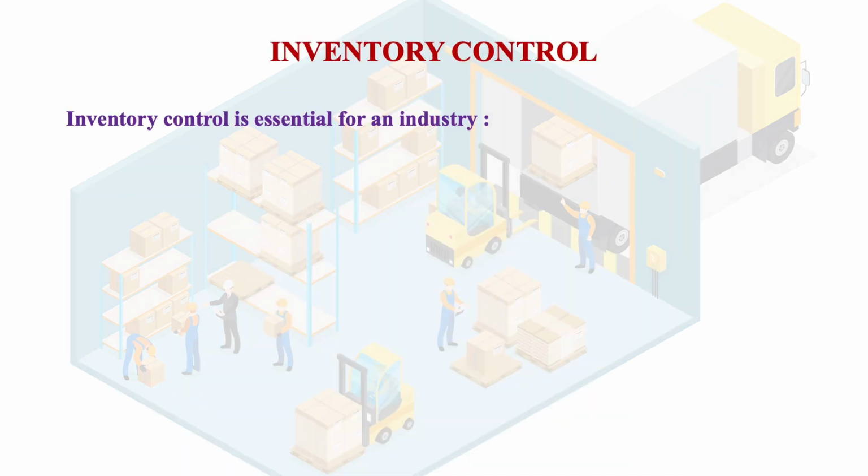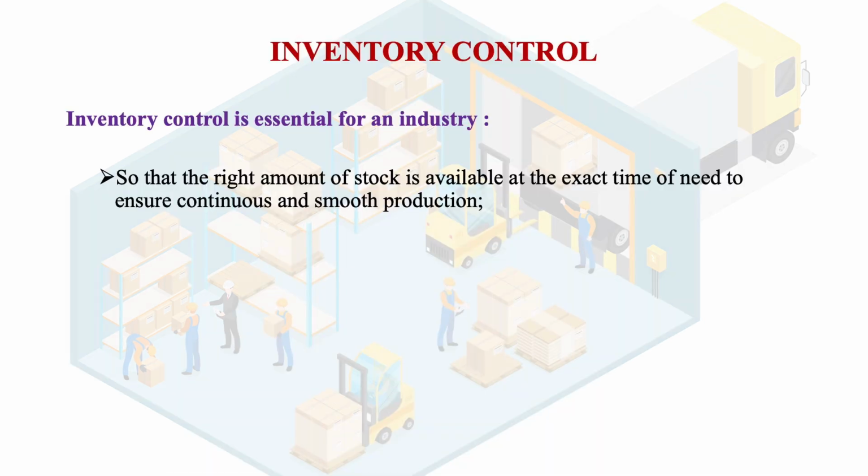Inventory control and regulation of inventory is essential for industry, because for a production process or for any service process, whenever you need the material for your use and it is not available in stock, the organization will suffer and a loss will be made. So the right amount of stock should be available at the exact time of need to ensure continuous and smooth production.